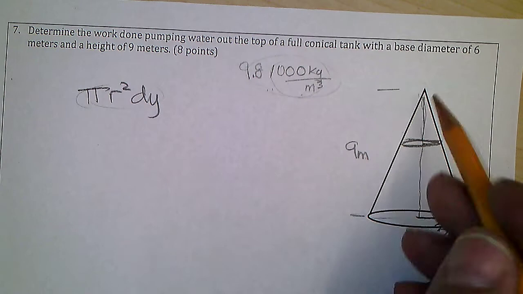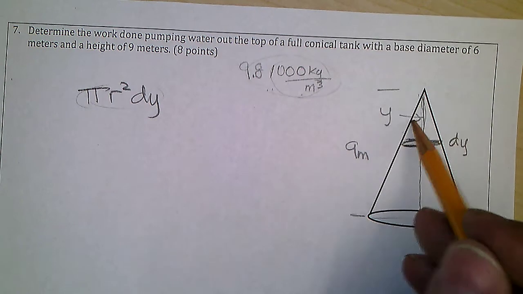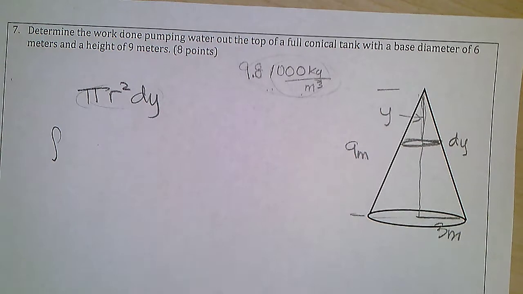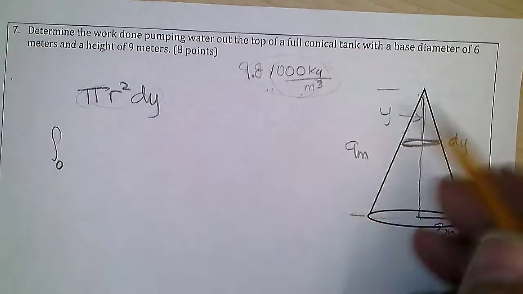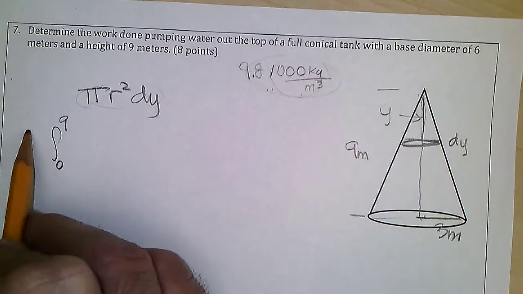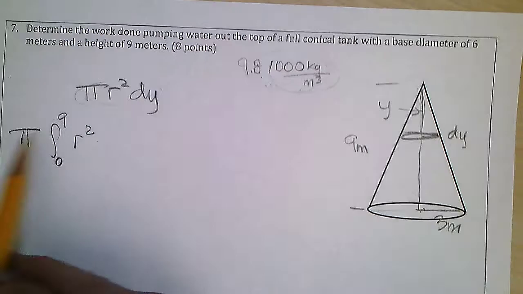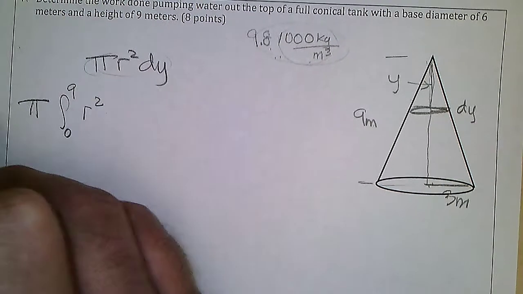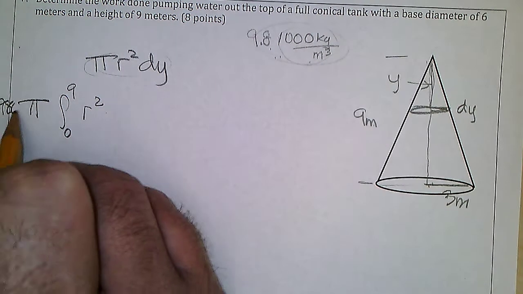So if we call this y, the distance that we have to lift it, we'd have the integral as y goes from 0 to 9 of pi r squared times 9.8 times 1,000, which is 9,800.